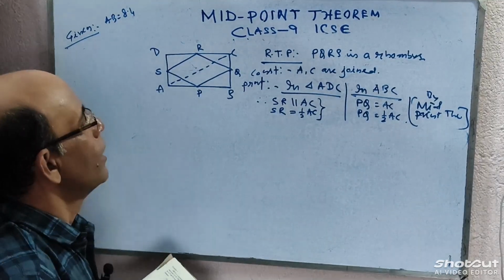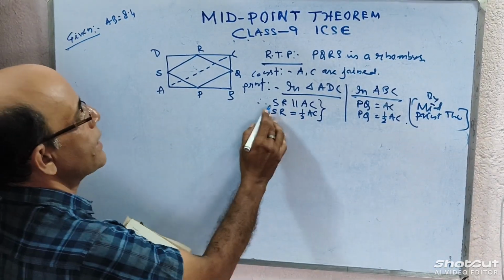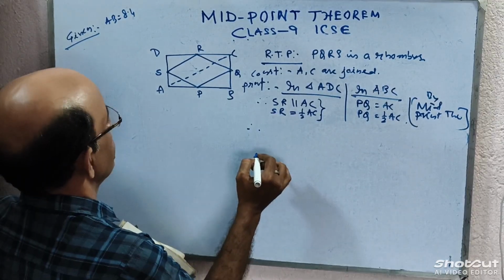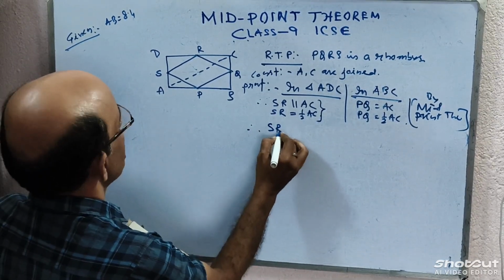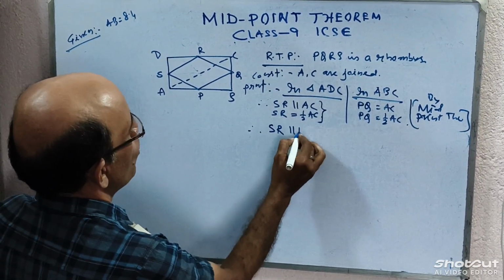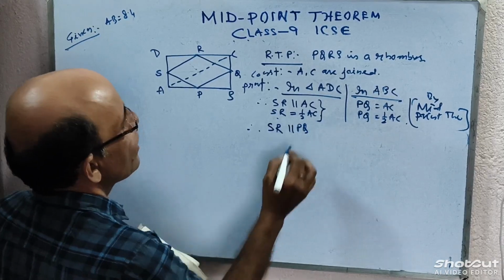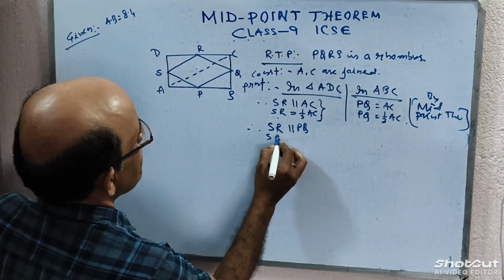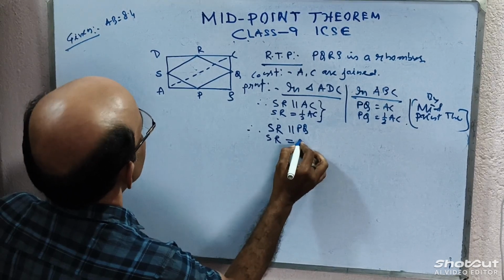Okay. Now AC parallel SR, PQ parallel SR. Therefore, we can conclude that SR parallel PQ and SR equal to half of AC, PQ equal to half of AC. Therefore, SR equal to PQ.